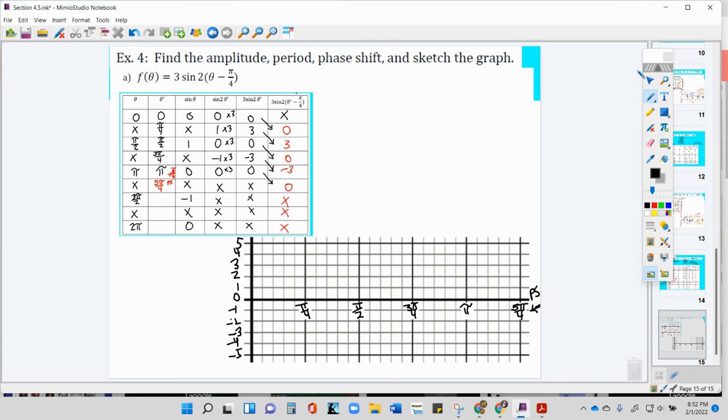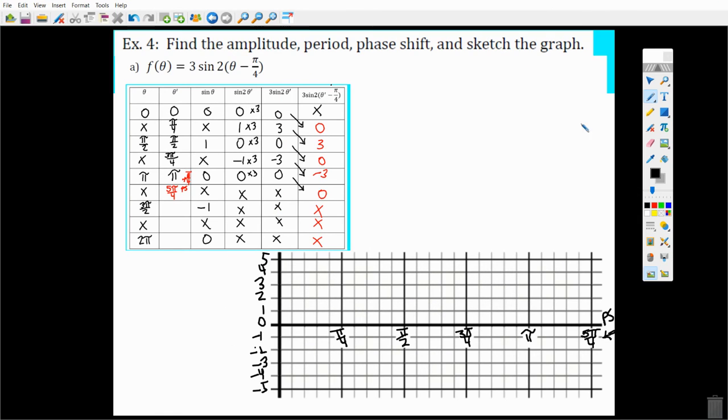I'm going to start with the first one. So the first thing we're going to graph is sine theta. We're only going to be graphing for sine. Technically, did I even put those in there?